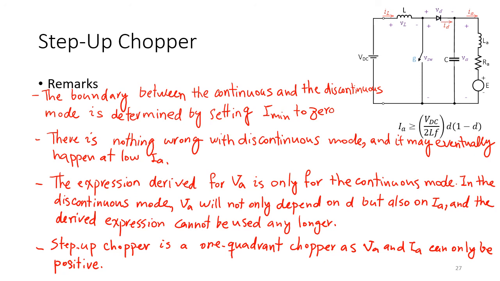VA and IA can never go negative, so it's only a one quadrant chopper, the first quadrant. It's even less than the two quadrant half bridge that we have; it covers fewer quadrants, only quadrant one. Okay, change the time here. Let's finish it.